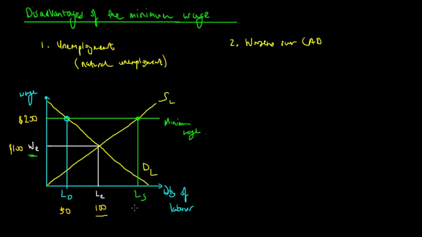However, there will now be 200 people willing to supply their labor at this minimum wage of $200. So as we can see here, unemployment will rise by 50. Those 50 people who would have had jobs at a $100 a week wage would now have no job.